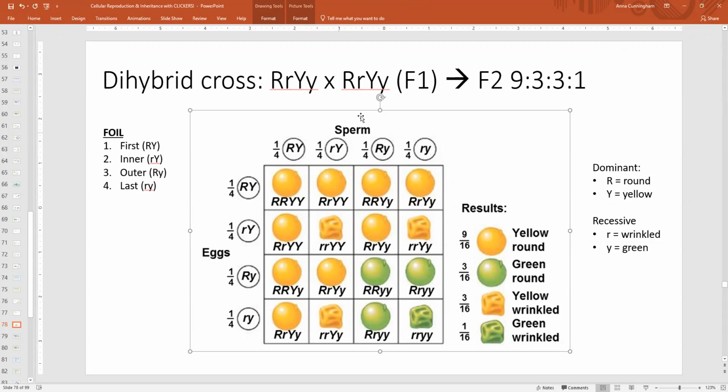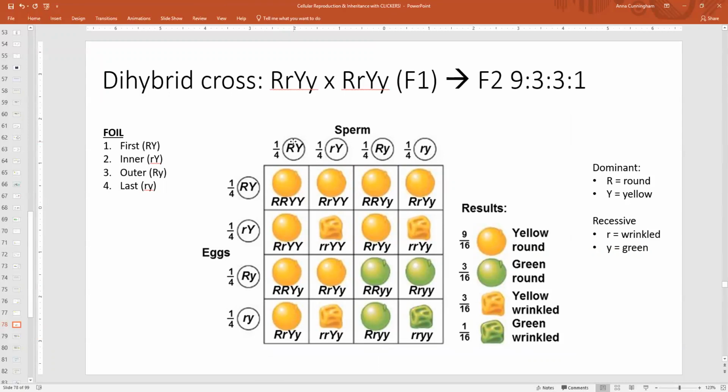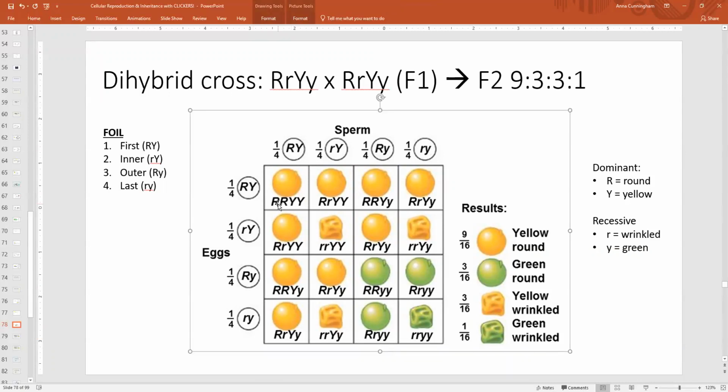And this allows us to have 4 haploid genotypes on top of each column or row. So again, haploid cells would be the sperm and the egg. So we have 4 possible sperm from this individual, 4 possible eggs from this individual. Okay, so how do we determine what goes on top of this column?